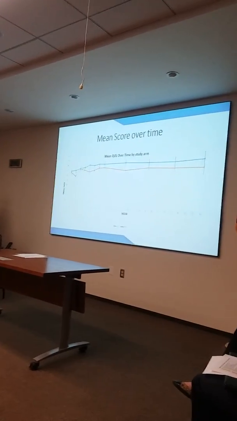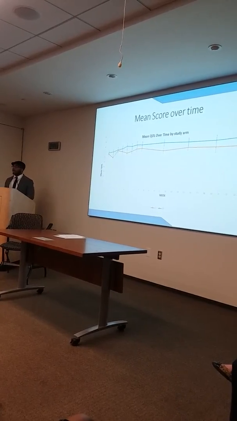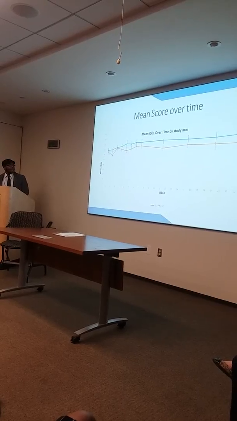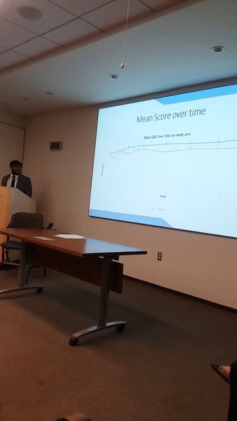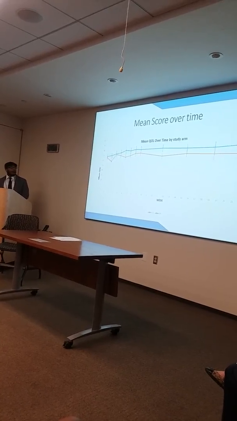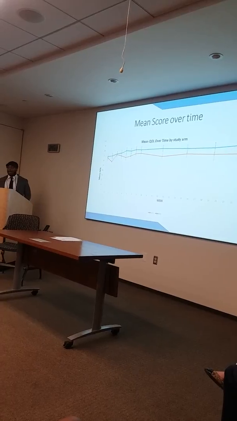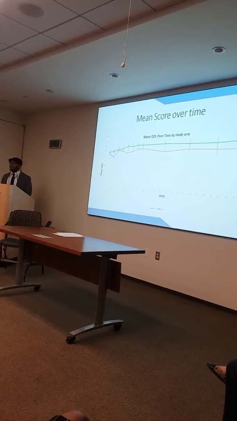Mean QOL over time looks at the mean quality of life. According to the graph, the treatment arm has a higher quality of life than the control arm. The lines coming out of the points are error bars, representing the 95% confidence intervals.